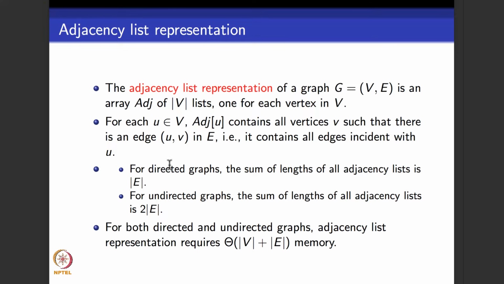And for directed graphs, for every edge, there is one vertex somewhere in the adjacency list of some vertex. So the size of the adjacency list is mod E. So for both directed and undirected graphs, the total size of the adjacency list will be this. The first mod V in the theta component represents the number of lists, and each list can be at most mod E in size, right? So the total size is theta of mod V plus mod E.